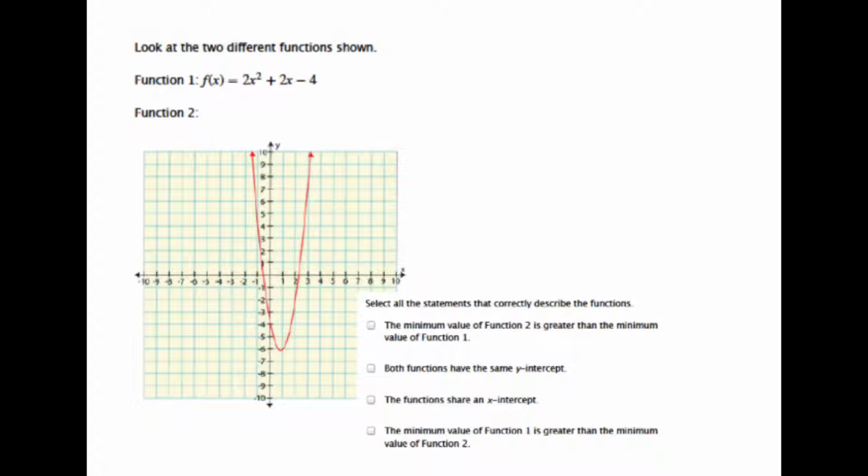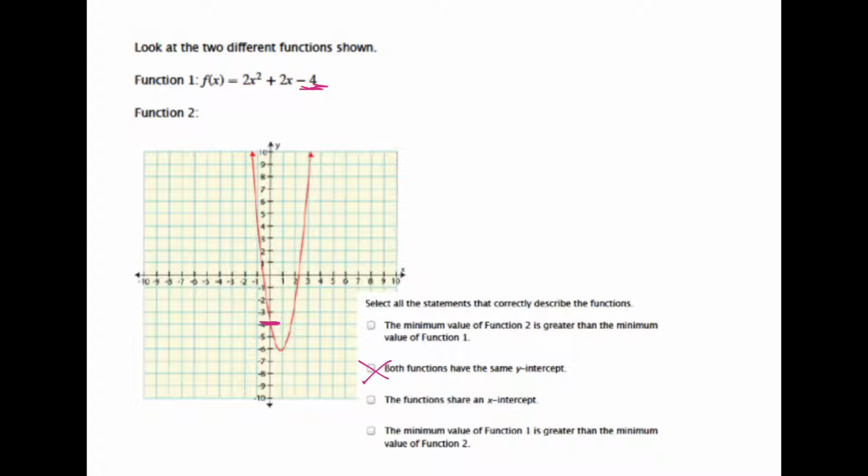So we can go ahead and find that the y-intercept for this one is -4, and the y-intercept for that one is -4. So that's true. I think I said x-intercept, but I was meaning the y-intercept and the y-intercept. I'm sorry. The x-intercept for this one looks like -0.5 and 2 point something.